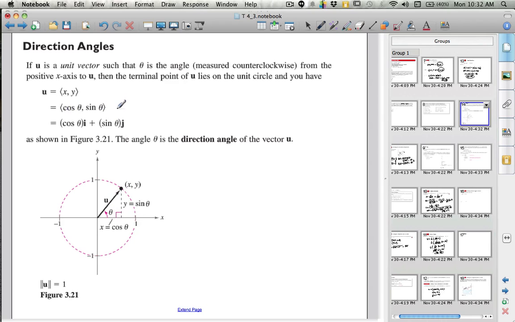We already learned that this value y is sine, and this value x is the cosine. So these components of the unit vector can also be used to find sine and cosine. And this also will then allow me to find what angle creates the direction of my vector.